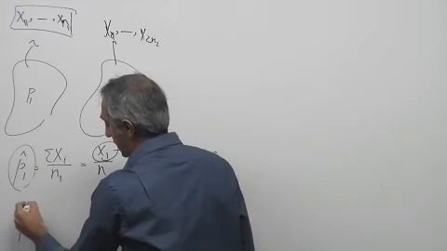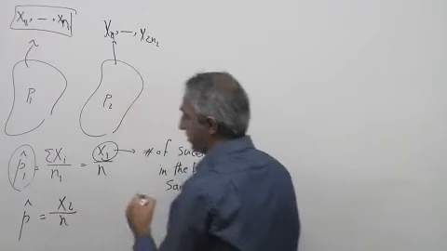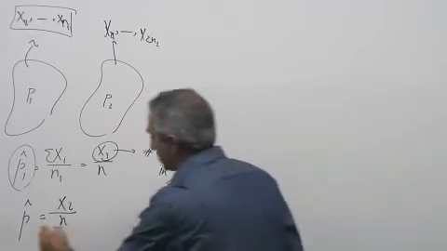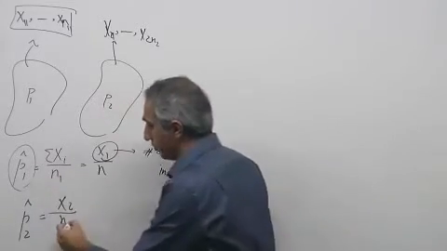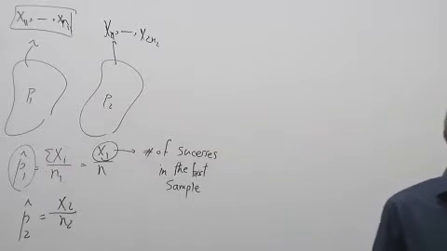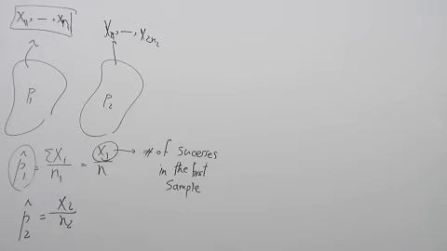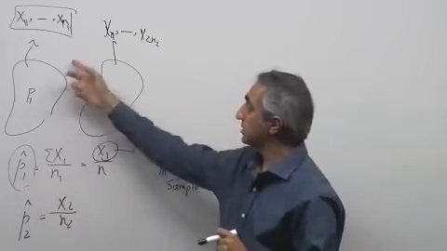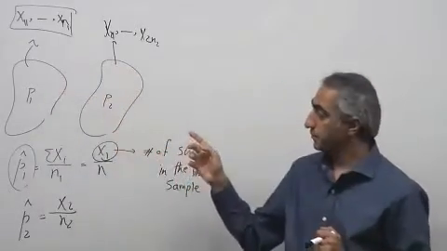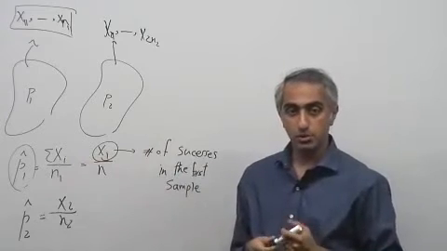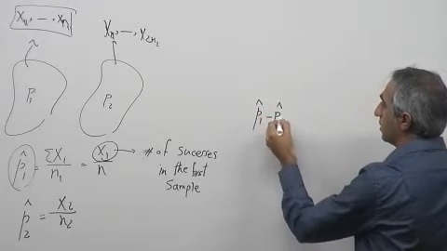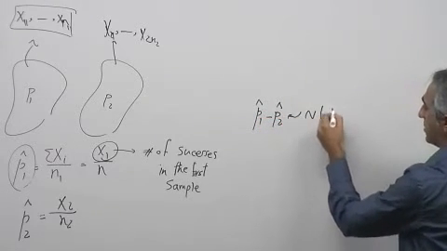We can calculate P hat 2, which is x2 divided by n2, the number of successes in the second sample. And we know that these two, if n1 and n2 both are large, follow a normal distribution, approximately, based on the central limit theorem. So we can say the difference between these two, because these two are independent, why? Because their samples are independent. That's the main assumption. The difference also follows a normal distribution, and this normal distribution has this mean.